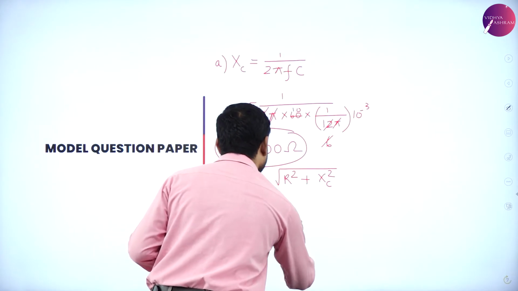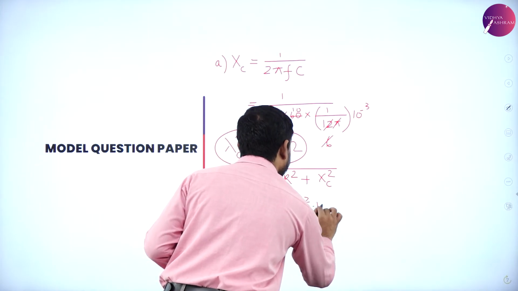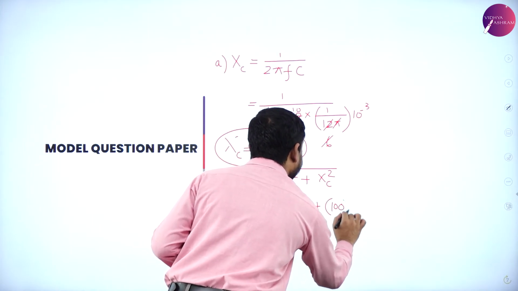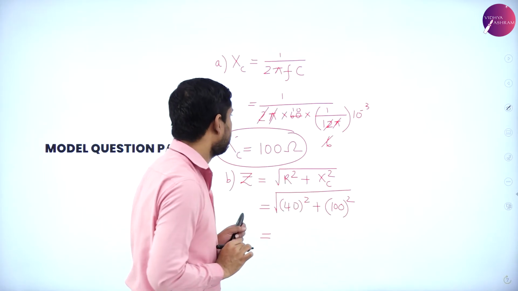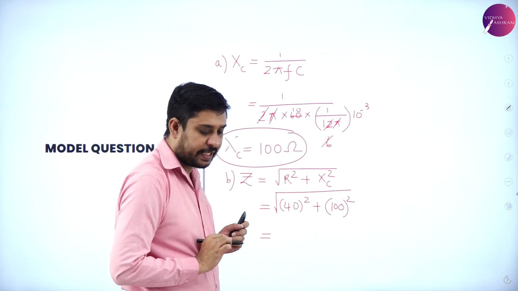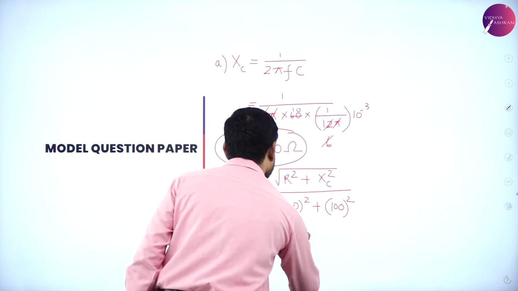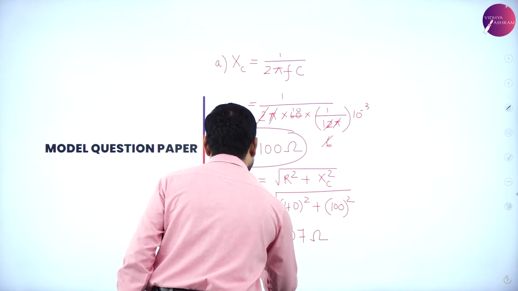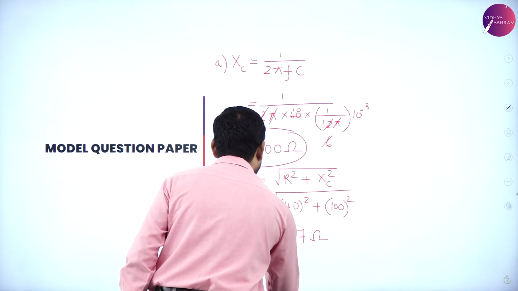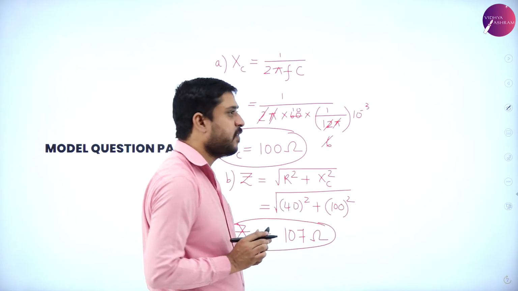So this is root of 40 square plus 100 square. On simplification again, 107 ohms. So the impedance Z turns out to be 107 ohms.